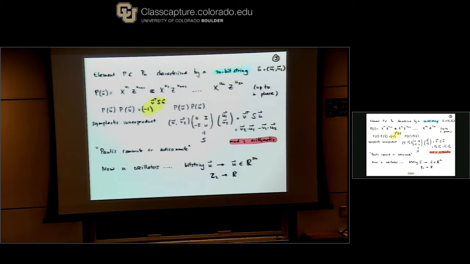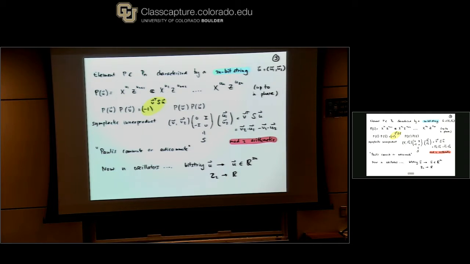And Paulis, they commute or they anti-commute, but there's a nice, concise way of writing this commutation or anti-commutation in terms of a symplectic inner product involving these vectors. So I have P_u, P_v, and I want to know whether they anti-commute, and so it's going to be some minus 1 or plus 1.